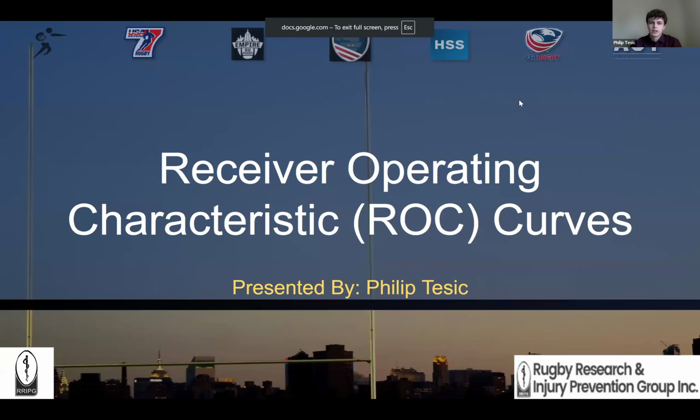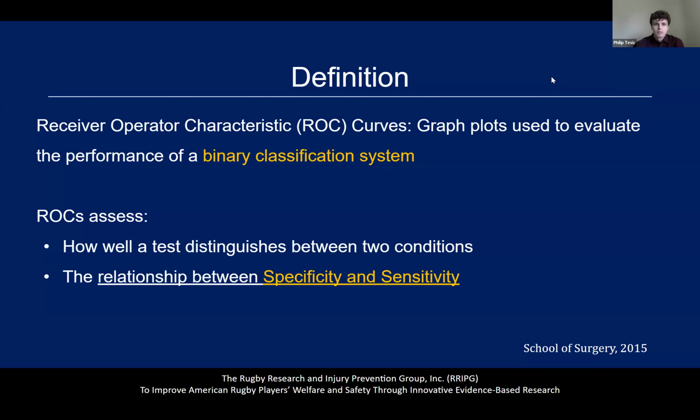My name is Philip Tiesick, and today I'll be presenting on receiver operating characteristic curves, also known as ROC curves. Receiver operating characteristic curves are graphs used to evaluate the performance of binary classification systems, which are models used when, as Larry talked about in his presentation, there are only two options of categorization.